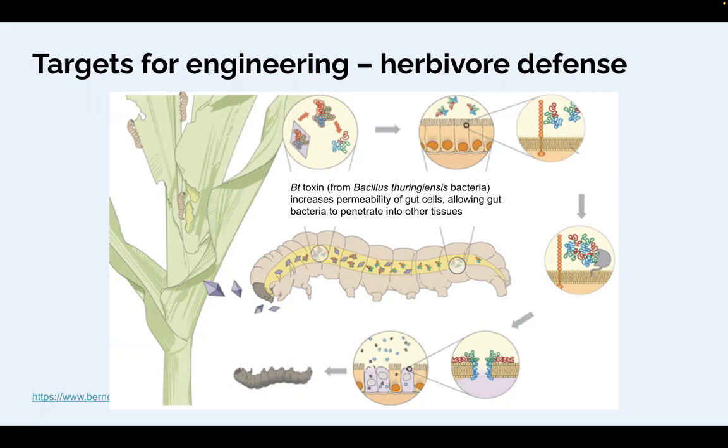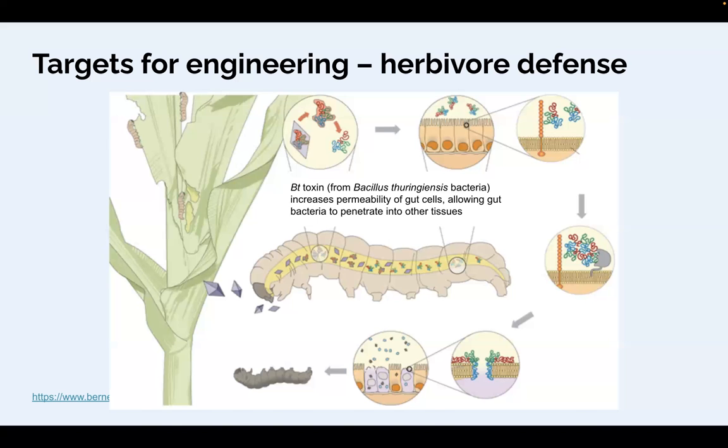So they basically have the gene that teaches the plants to make this toxin, and they make their own toxin, and insects that try to eat them, such as this caterpillar here, get the toxin in their system and they die.